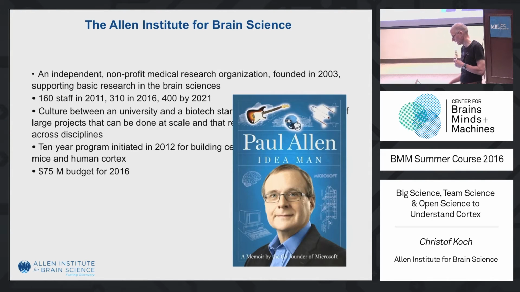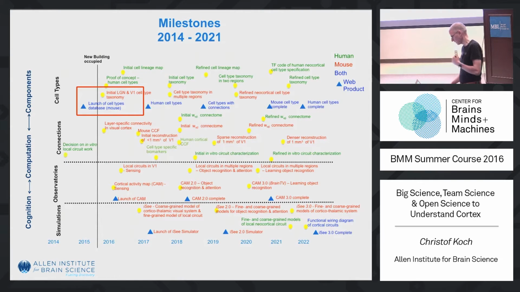That's roughly our budget. And of course, 92% of it is funded by the generosity of a single individual, Paul Allen. And I'm not going to belabor this. One of the big differences between the way you all do your research and we do is that we have 10-year plans. So we have milestones.